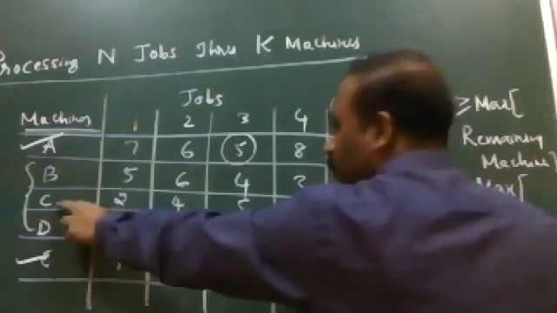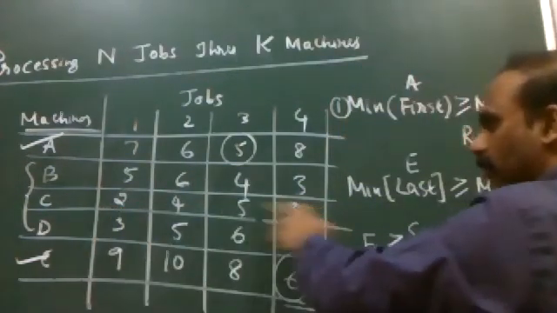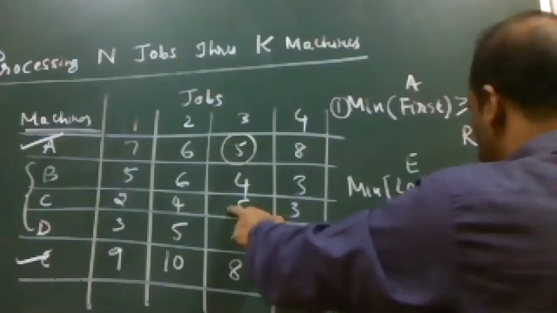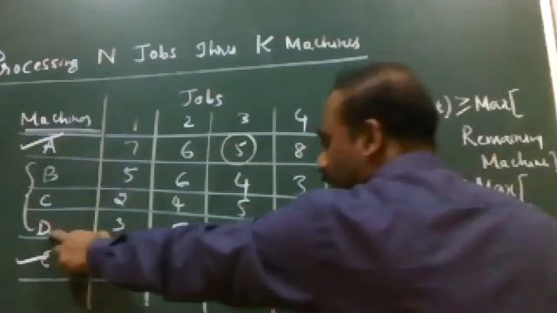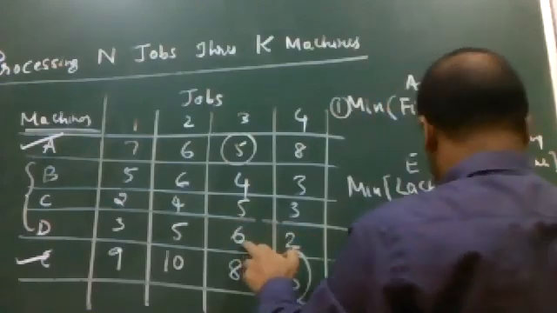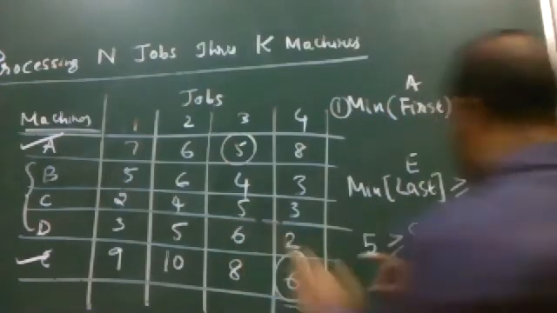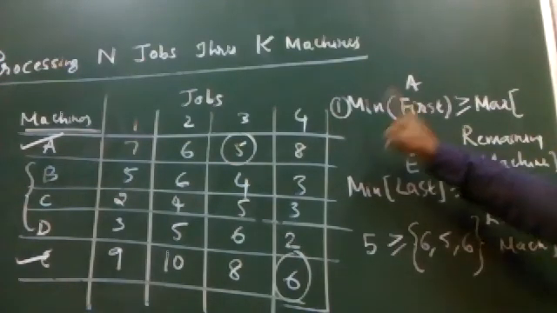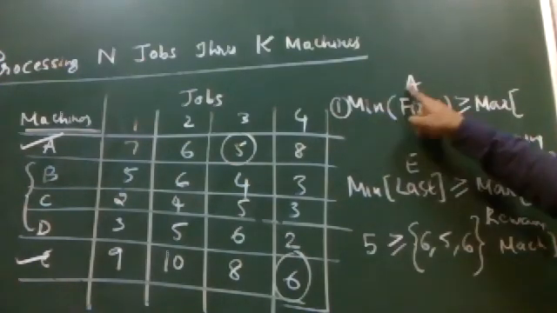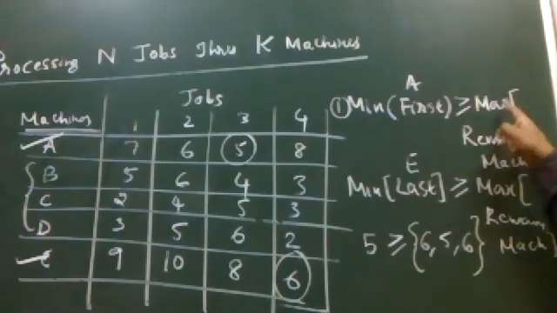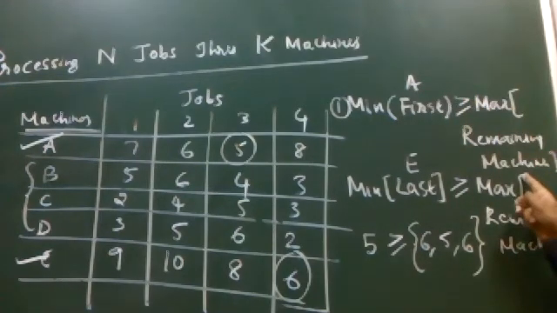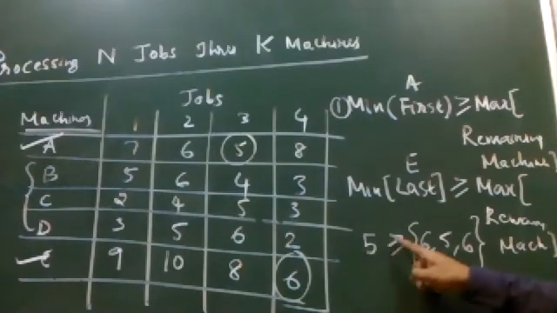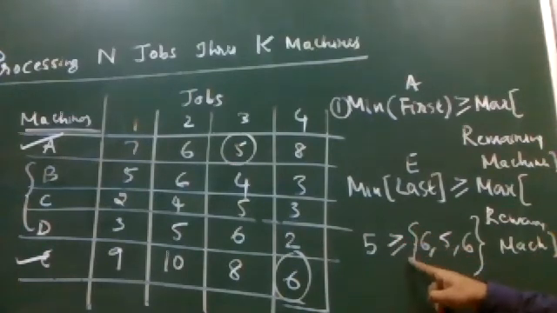If I go to machine C, the highest value in machine C is 5, comma. If you go to machine D, the highest value is again 6. Now you can see I am supposed to verify whether the minimum of A is greater than or equal to the maximum of the remaining machines, that is, whether 5 is greater than or equal to these values.